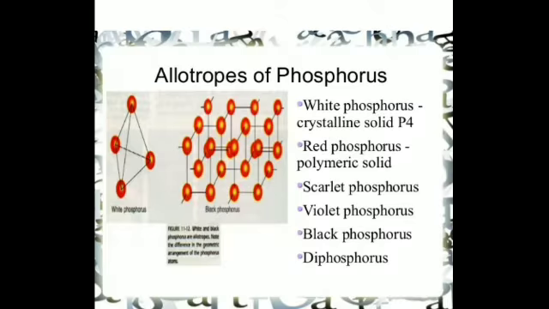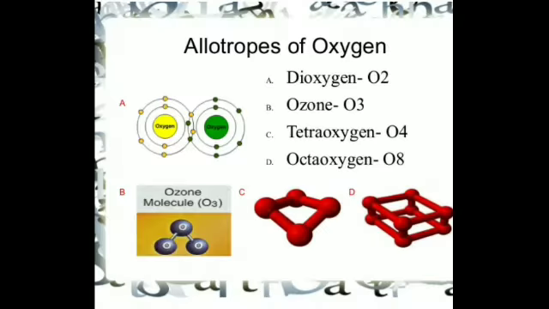Now, allotropes of phosphorus are yellow phosphorus, red phosphorus and black phosphorus. Apart from these, there are white, scarlet and violet phosphorus also. And when we compare them to the allotropes of oxygen, these are molecular oxygen, that is O2 or dioxygen, and O3.